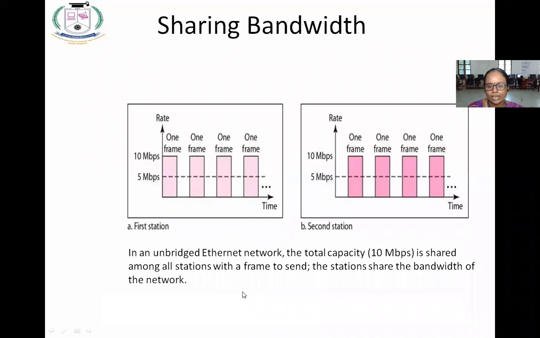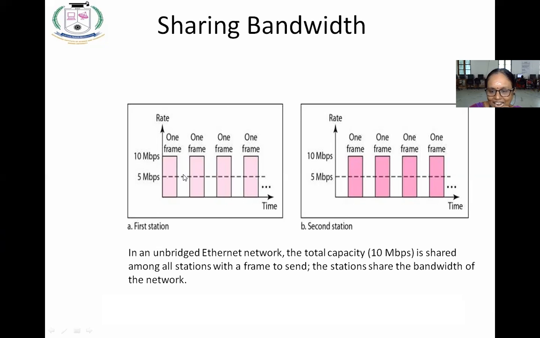Bridged Ethernet. Okay, with bridged Ethernet you have to understand that it is always sharing the bandwidth. While we see this in switched or whatever it may be, the total capacity is, for example, 10 Mbps.